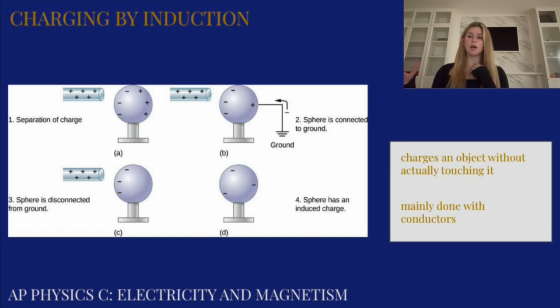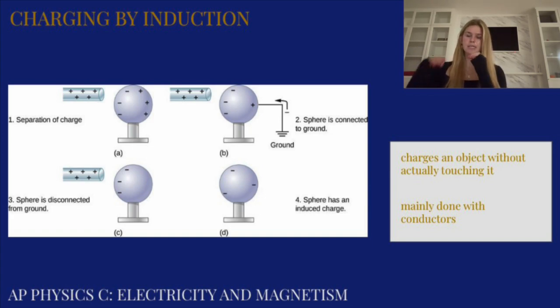However, the negative particles within that sphere will tend to move closer to the positively charged rod, while the positively charged particles within the sphere will tend to move away from the rod. This is a process called polarization, and this happens when the objects are not touching. So this happens while the rod is near.